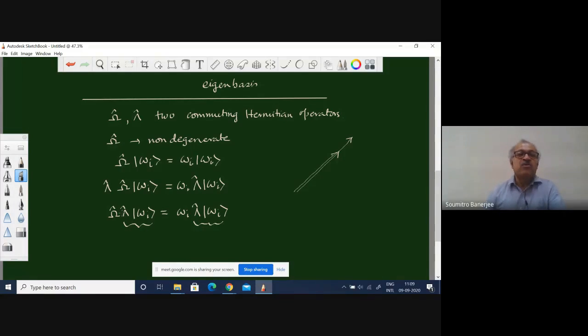Now, if that is true for any omega I, just any eigenvector, it essentially means that two commuting Hermitian operators have shared eigenvectors. They have common eigenvectors. So this is a very important property. Let me write down the conclusion out of this.